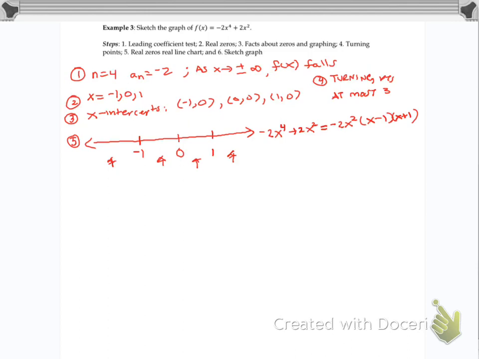We plug it into the function. I would simplify, but if you have a calculator, you can use that. Plug it into either one of those functions and you get the value. The purpose is to determine if the output is positive or negative, because that tells you the sign. Let's say we pick a value and that output gives us a positive value.